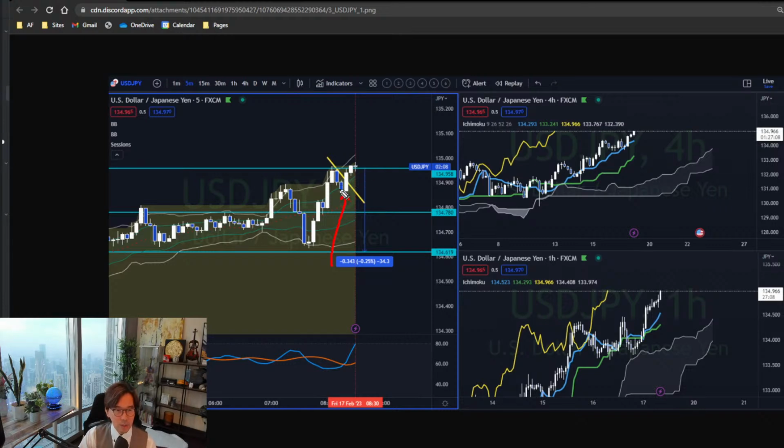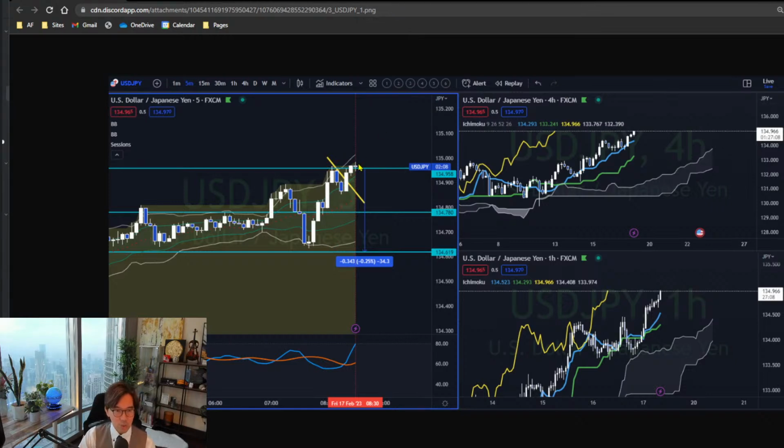So I was waiting for 10 or 15 minutes, and then finally I saw the potential breakout of that resistance on M5. So I just took the trade here. So that was my entry process.